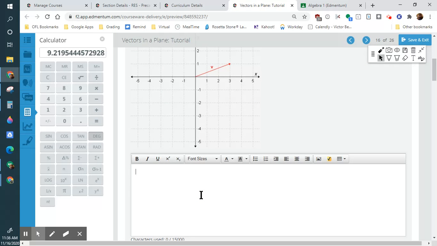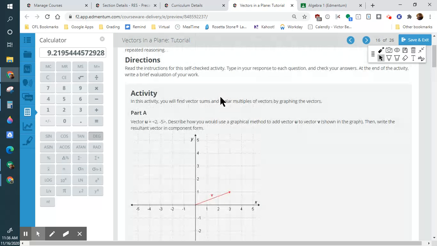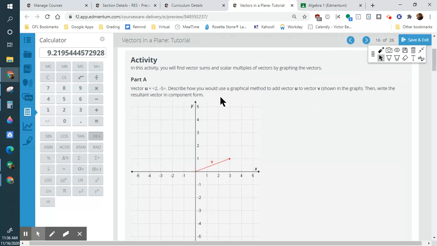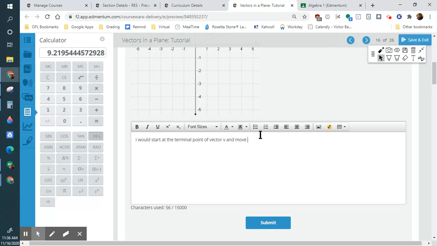I would start at the terminal point of vector V. I don't want to draw that little line, so I'm just calling it vector V. I would start at this little tip and move right 2, down 5.